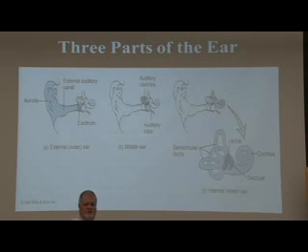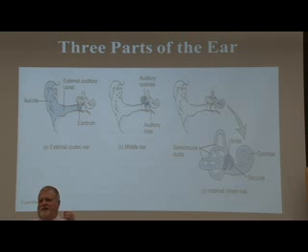And because we have a chamber within this bone, we have to have a way in which the vibrations created on the tympanic membrane by sound waves can be conveyed across this open space in the bone. So what we have in this open space in the bone are 3 tiny bones called our auditory ossicles.